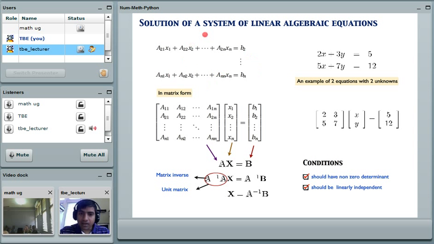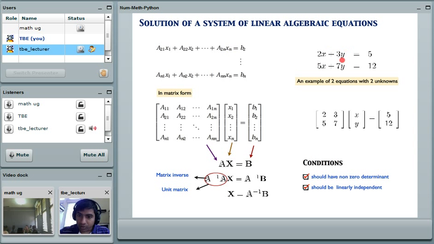In a general description, this whole system of equations can be written in this particular format. This is for two variables, while this equation is for n variables. You know from your basic mathematics that if you have n variables, you should have at least n equations to solve them uniquely.